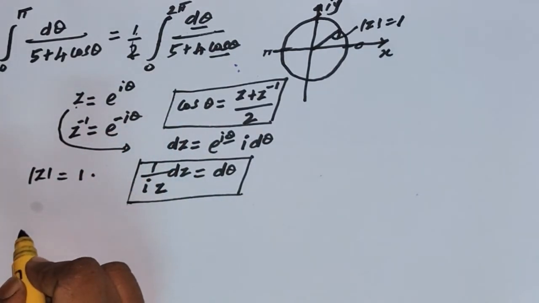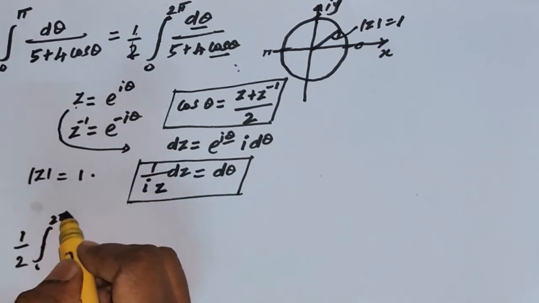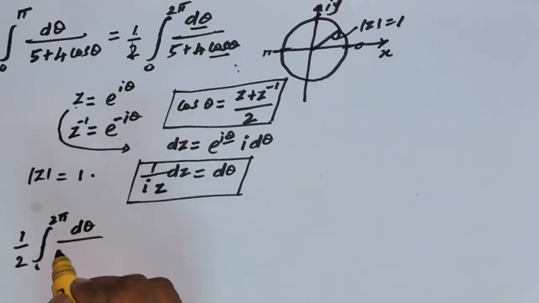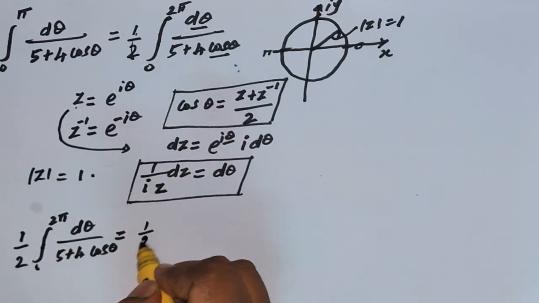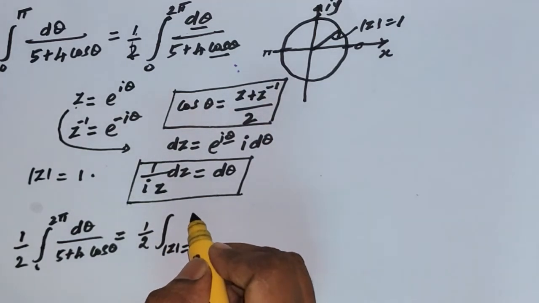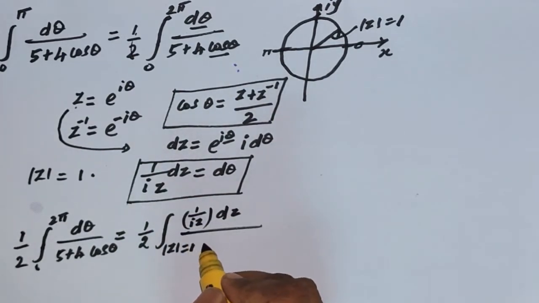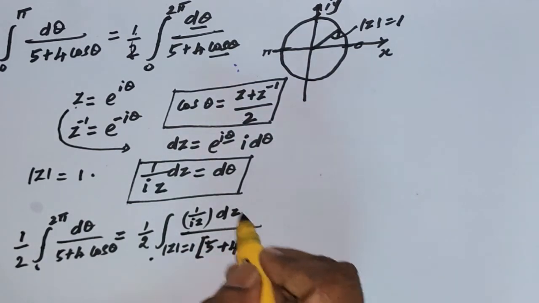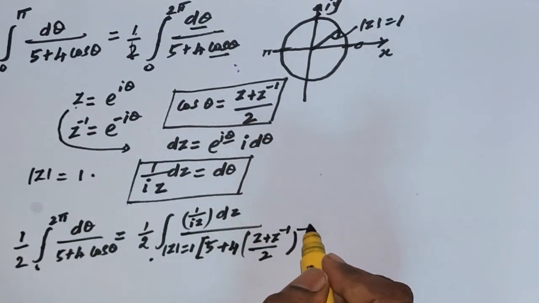This 1 by 2 integral from 0 to 2 pi of d theta over 5 plus 4 cos theta, you can write as 1 by 2, with the integration now in the complex plane over the unit radius circle. d theta is 1 by iz into dz, divided by 5 plus 4 cos theta, where cos theta is z plus z inverse divided by 2. This is the denominator.